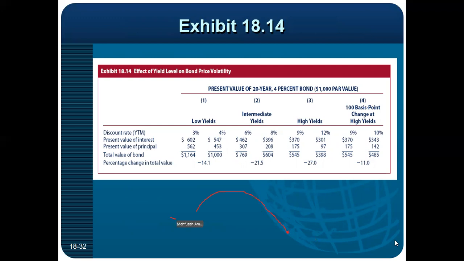Starting at like 14.1, then it increased to 21.5, then it decreased to 27, but then it decreased to only 11. So I think that's all. So we will continue with macroevaluation next.